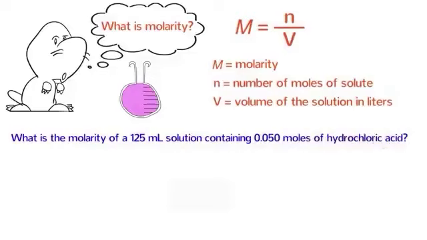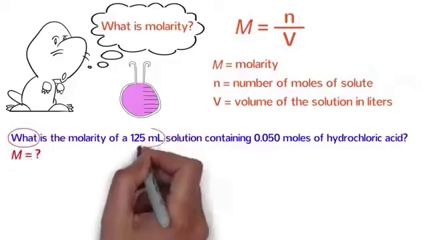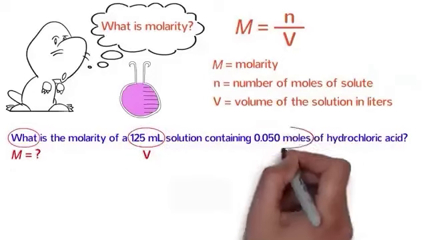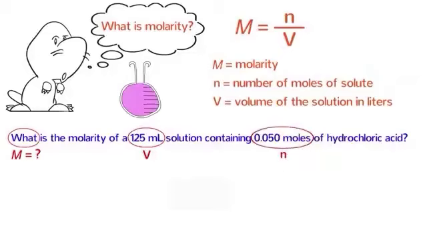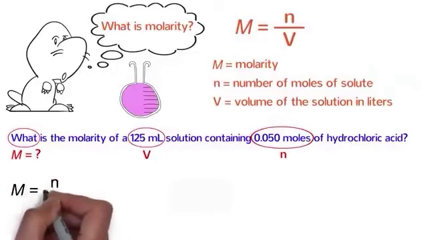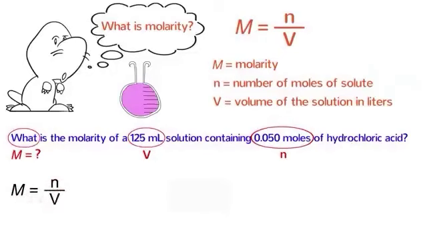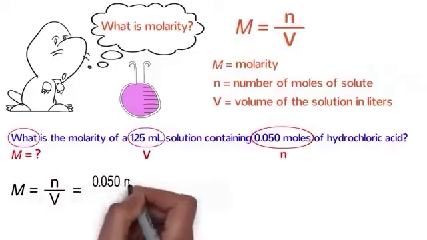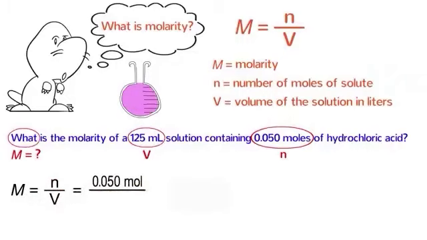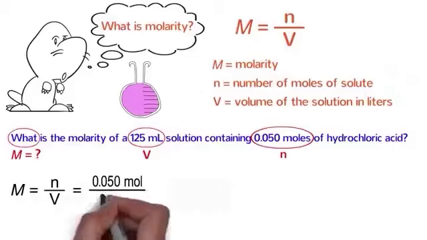Okay, let's try another question. We have 125 milliliters of 0.05 moles of HCl, or hydrochloric acid. They want the molarity, and we have the volume and the number of moles. Molarity is equal to the number of moles divided by the volume, so you have 0.050 moles divided by 125 milliliters.